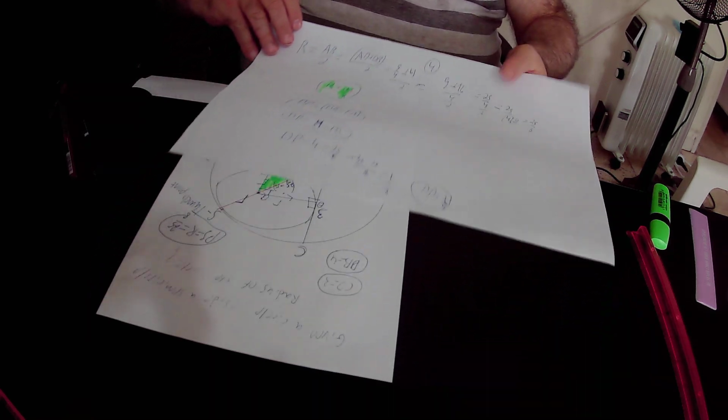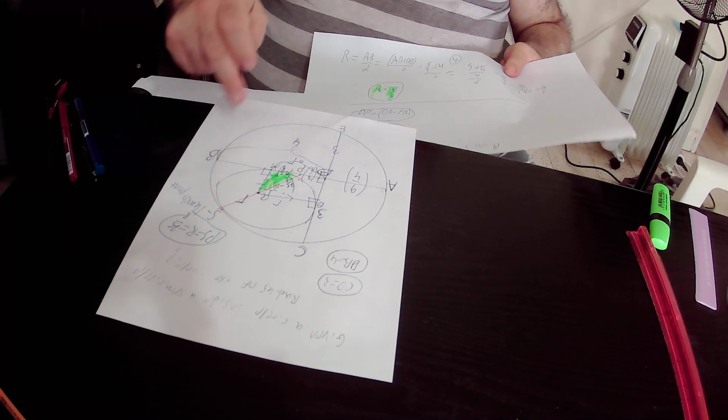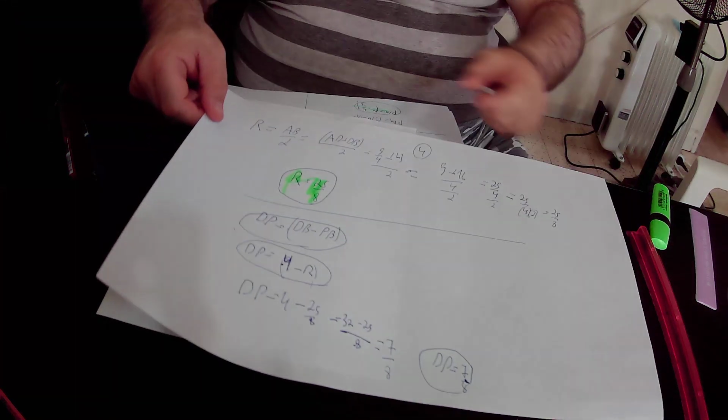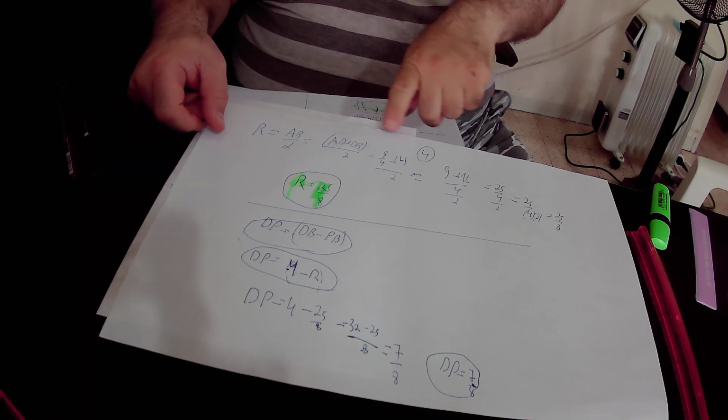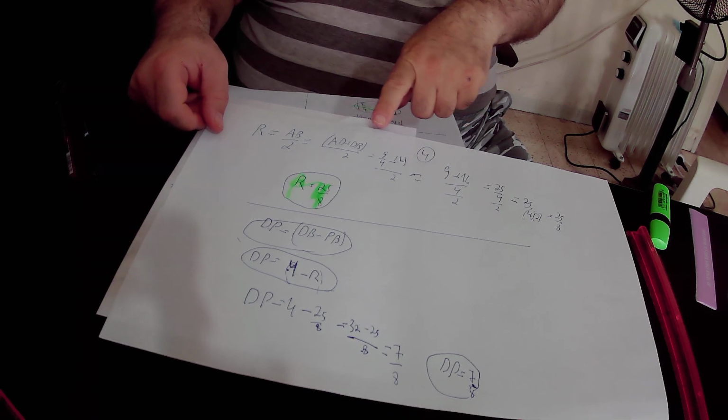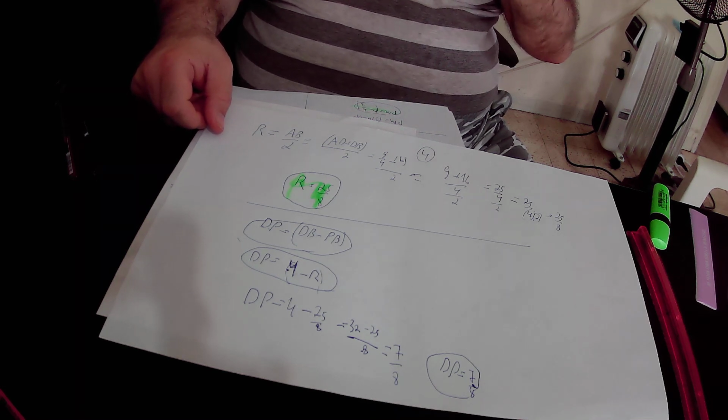From the drawing, you can see that AB equals AD plus DB. We have already found out that AD equals 9 over 4 units and DB equals 4 units, as given in the question.